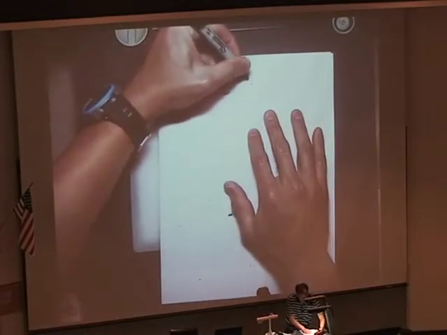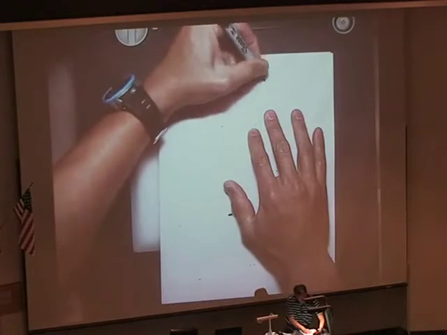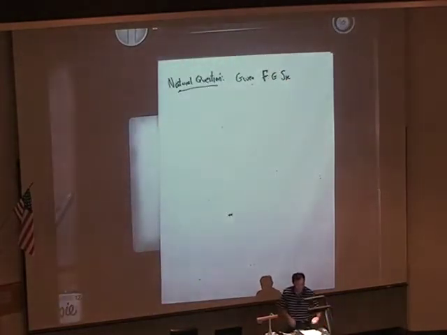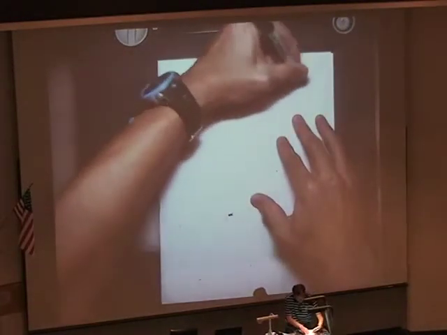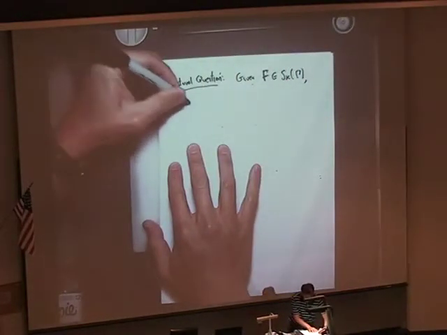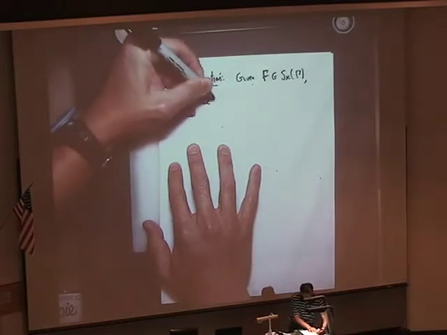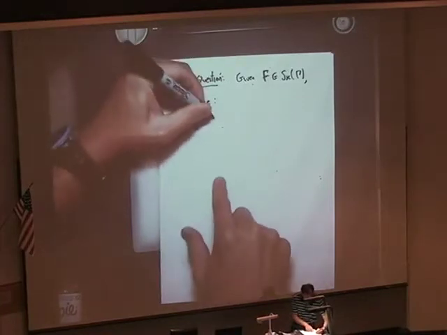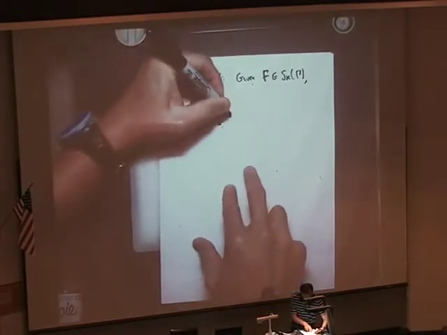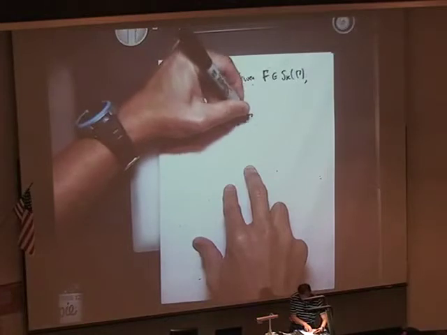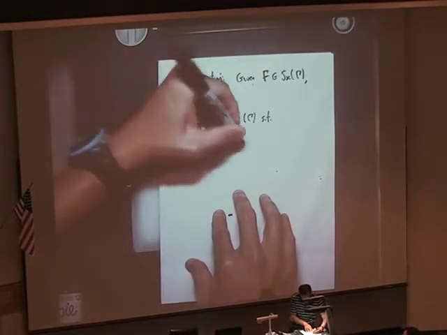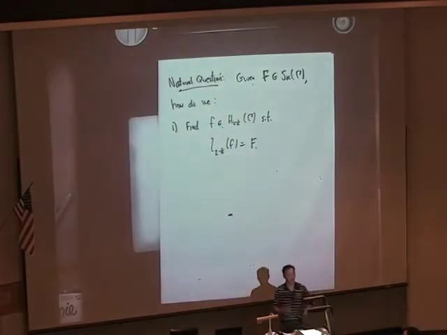Given, say, a cusp form capital F, how do we find a lower f in H 2 minus k of gamma such that xi 2 minus k of f is big F? How do we find a preimage under this differential operator?